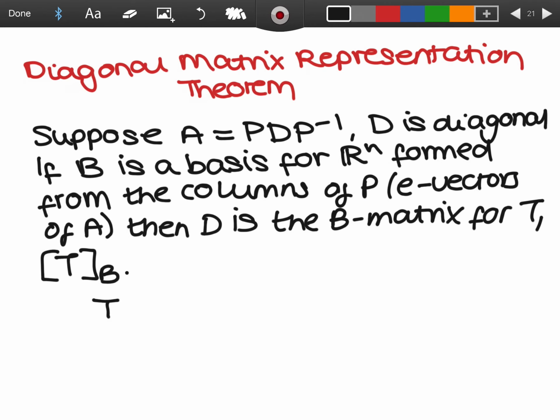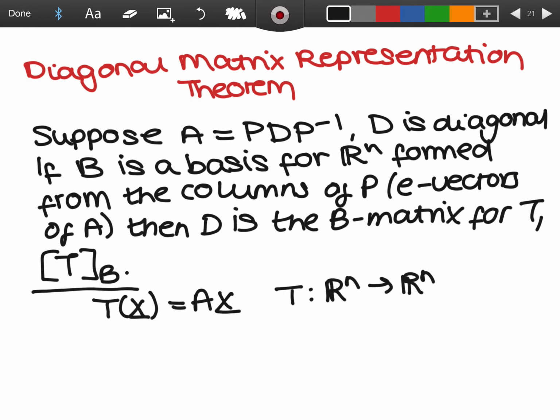So if T can be represented by the standard matrix A, such that T goes from Rn to Rn, what A does is it takes a vector that is in the standard basis for Rn and then it maps it to its image that is in Rn, again in the standard basis.